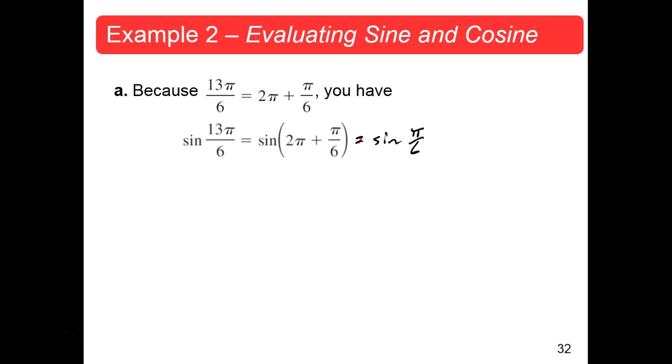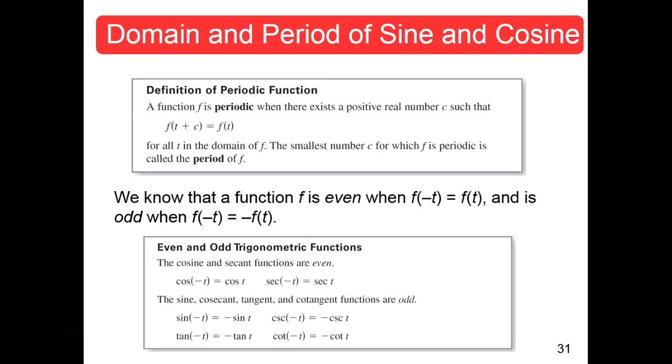Why is this, which of course is the same as this, equal to that? Because sine is what kind of a function? Periodic function with a period of 2 pi. All right.